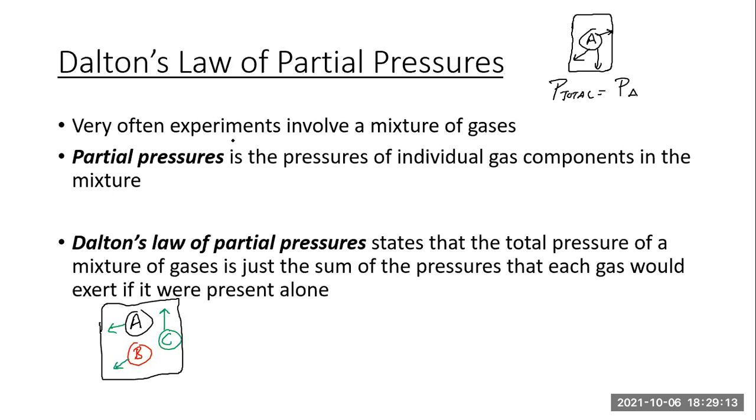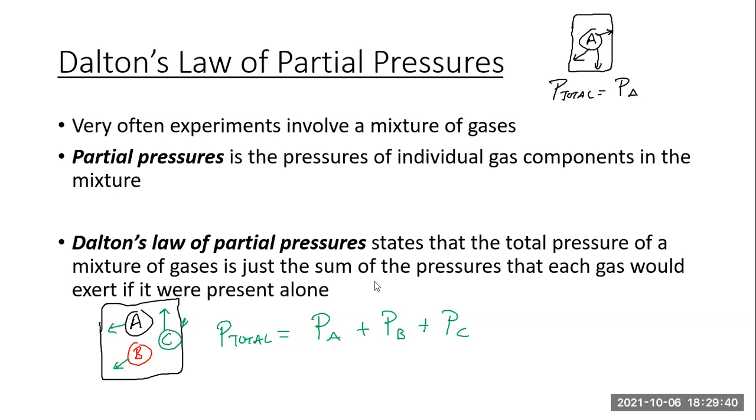The result is, when we talk about the total pressure of this container, the total pressure would be the pressure of A plus the pressure of B plus the pressure of C, all added together.